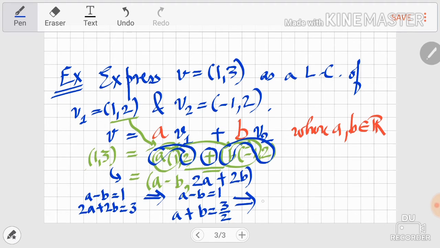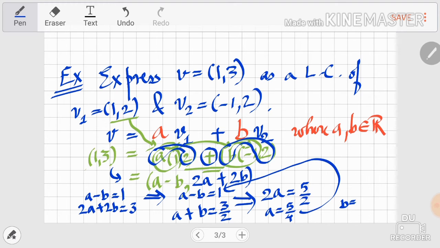If you add these two equations, you would be landing up having 2a is equal to 1 plus 3 by 2, which would be 5 by 2, and hence you have your a as 5 by 4. Substituting this back into any one equation will give me b is equal to 1 minus 5 by 4, which is 1 by 4.